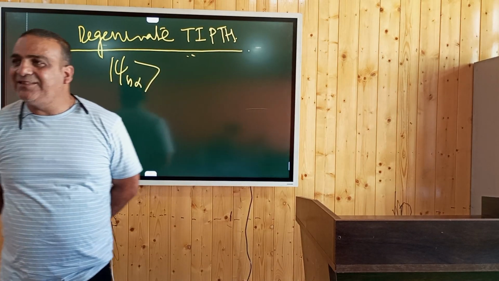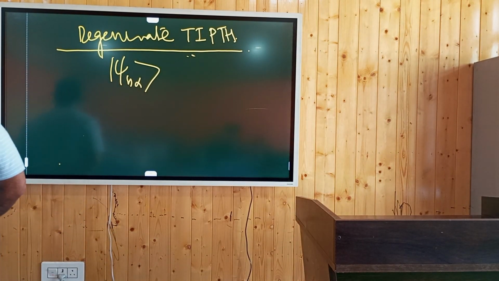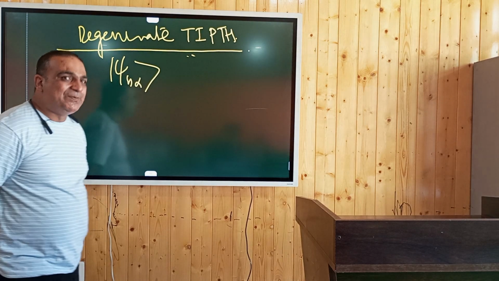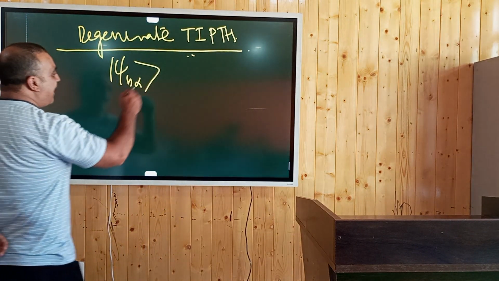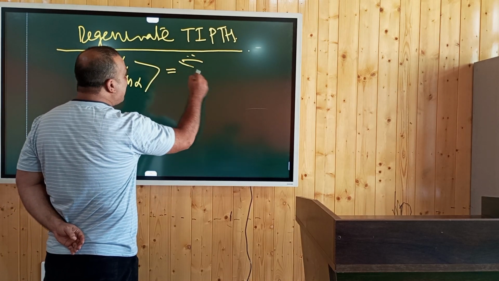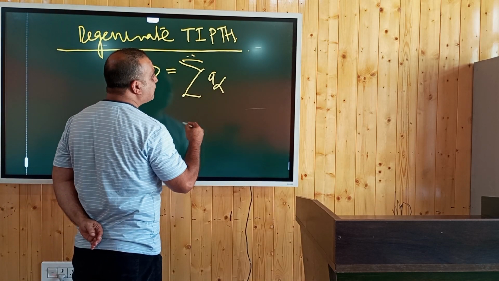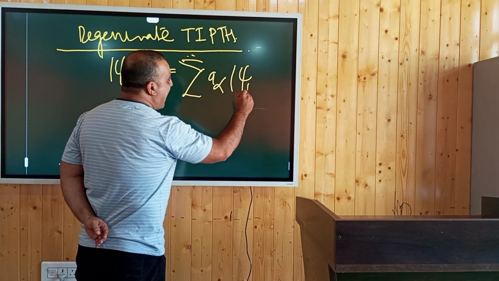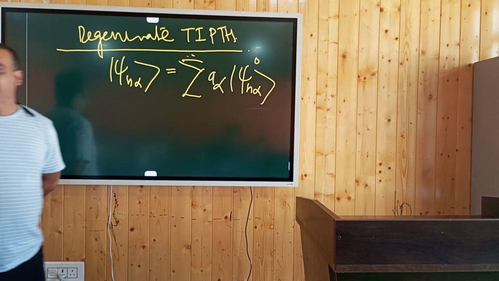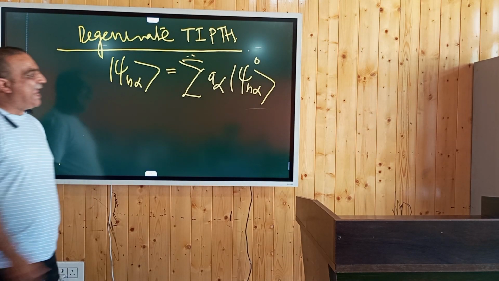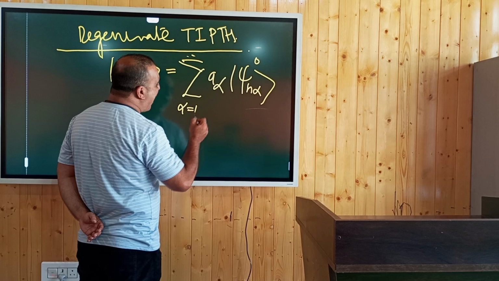And you can write this energy eigenvector in terms of the superposition of the unperturbed energy eigenvectors. So how can I write this? I can write this as a summation of, say, A alpha psi n alpha naught. This alpha that I have introduced here can run from 1 to, say, f.